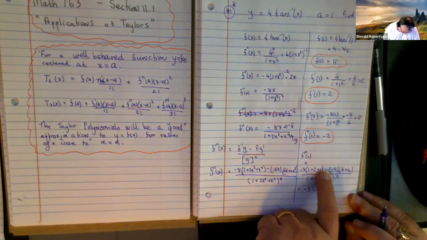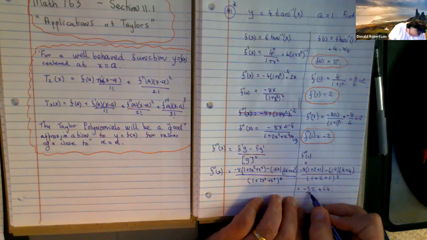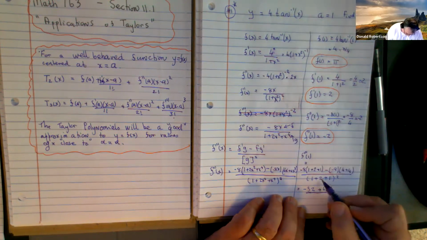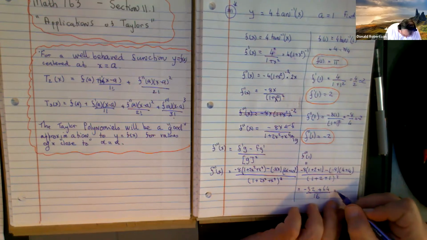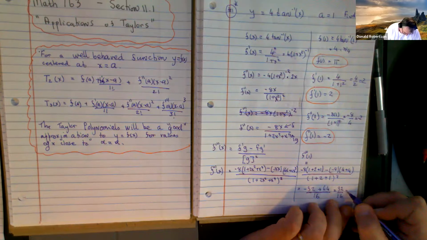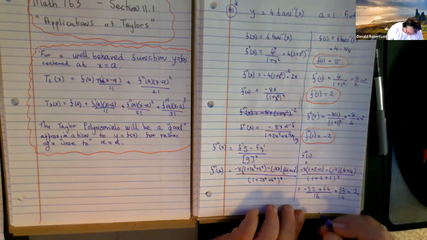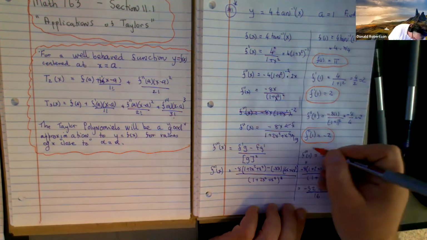And 8 is 64. Two negatives make a plus, so plus 64. And the whole thing is going to be over 2, 3, 4, 4 squared, which is 16. So I have 32 over 16, and I get the answer 2. And there we go. We have found all the pieces.